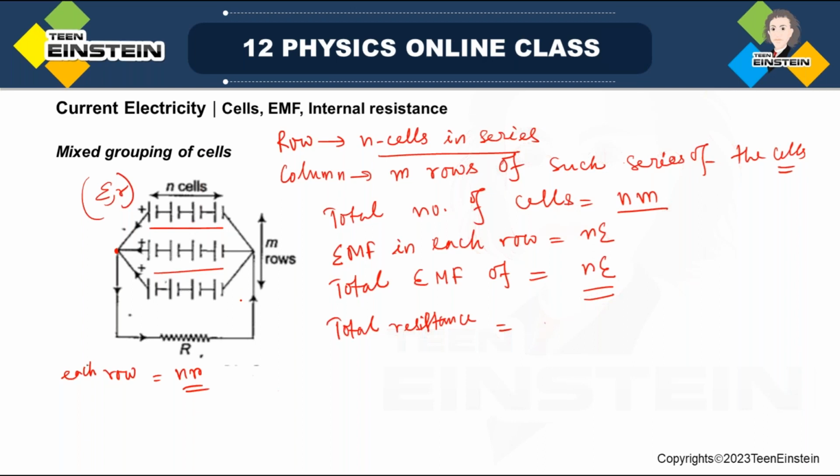So 1 by r prime is equal to 1 by N r plus 1 by N r, such rows, and there are M such rows.